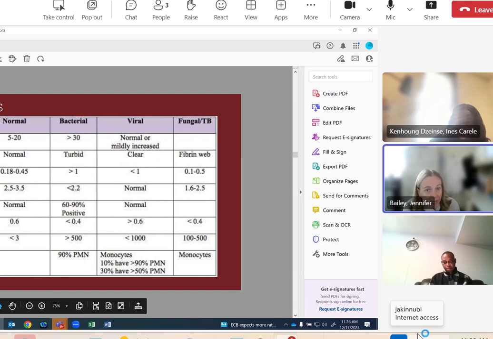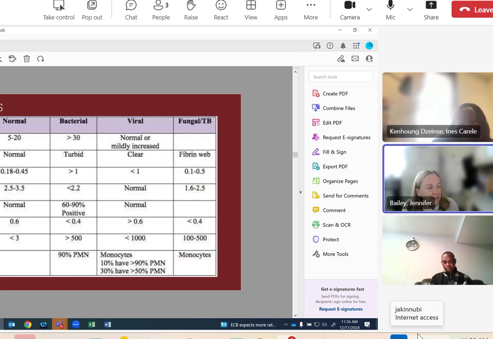The generic type of tests that are always done are these things here, so that it's tested for protein, it's tested for glucose, and things like that, and then usually sent for gram stain.